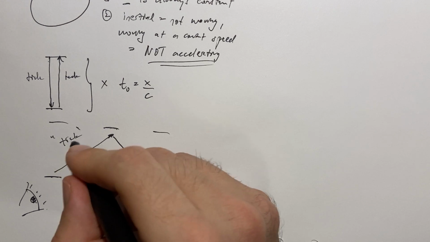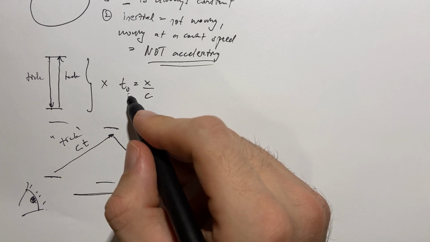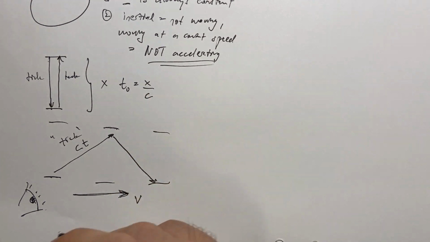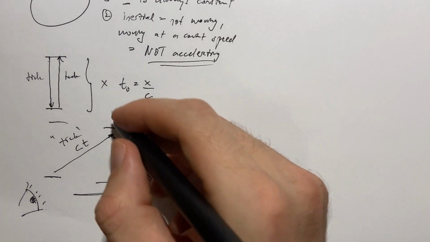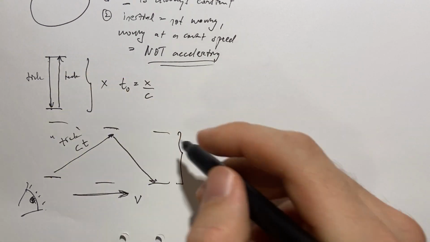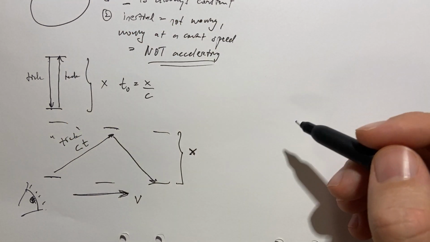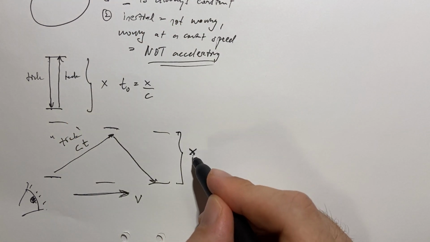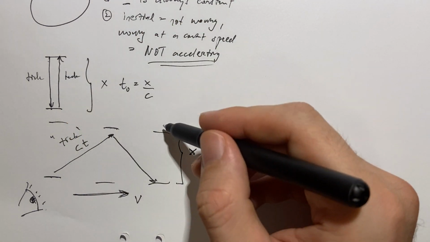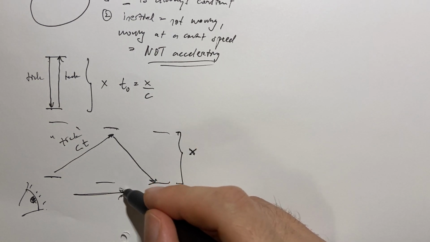So we can write this time as t to tell it apart from t naught. The thing that is in common between these two scenarios is the distance between the mirrors. That remains the same, x, because remember the clock is placed perpendicular to the traveling motion.